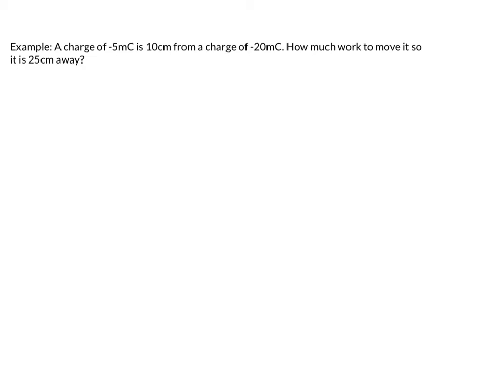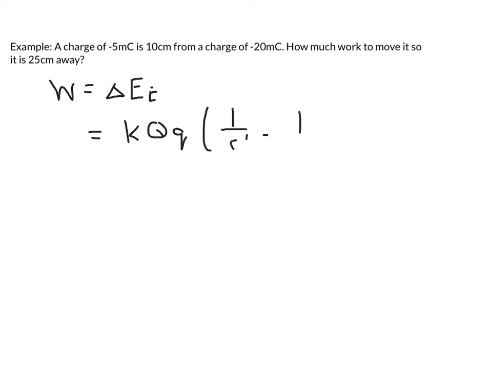Like we talked about before, work is going to be the change in the electric potential energy. Like we showed before, we can factor out the kQq. We're left with 1 over the final r minus 1 over the original r.